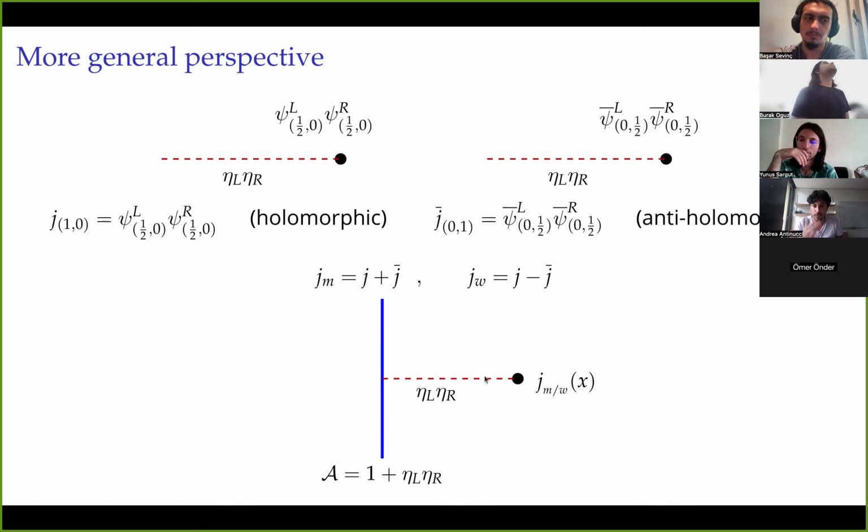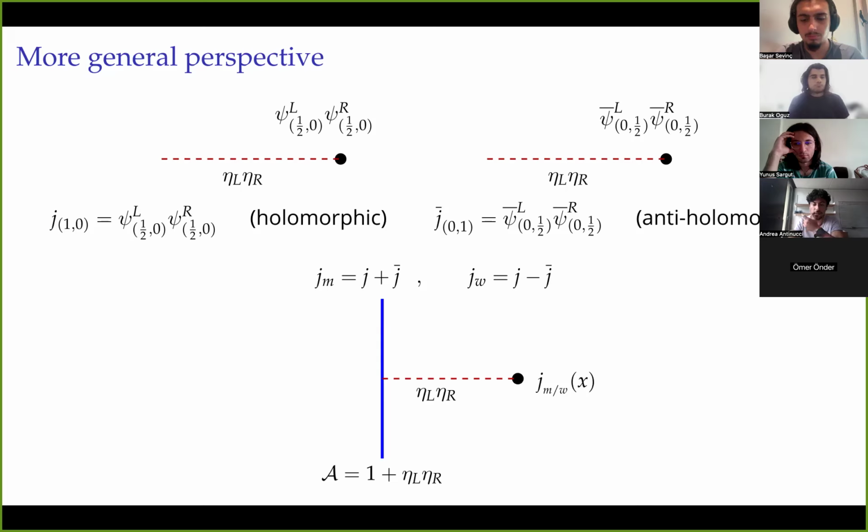And here the idea to construct the topological operator is the following. I can take the following topological line that I'm calling A, that is just the direct sum of the identity line plus eta left, eta right. And for obvious reasons, my dashed red line here can terminate topologically on this A line, just because the fusion of the two is A again, right?